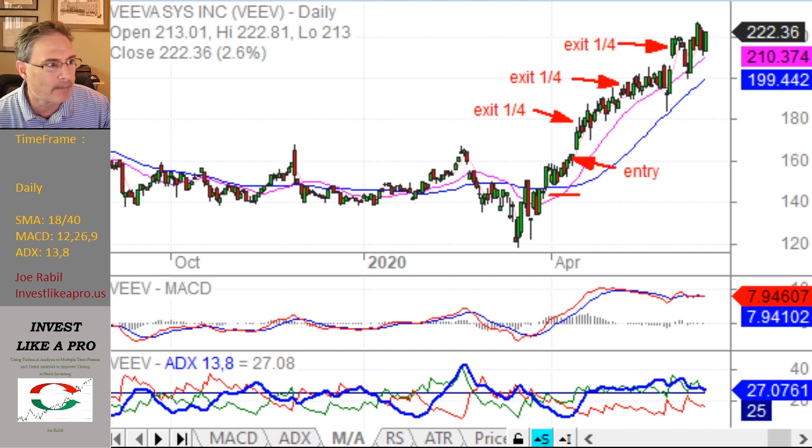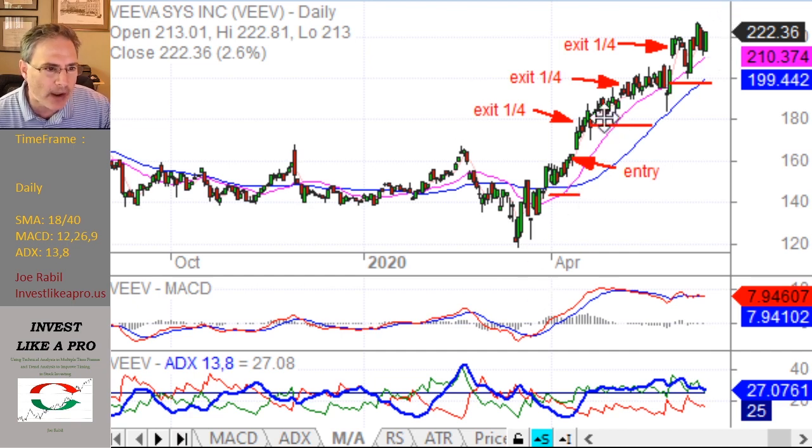So our stop level would have gone to here, and then once we got to 3-to-1, we took another quarter off, and then we raised the stop to 2-to-1. So if we get to 4-to-1, we're going to raise the stop to 3-to-1. And then we're going to keep doing that until we get stopped out.